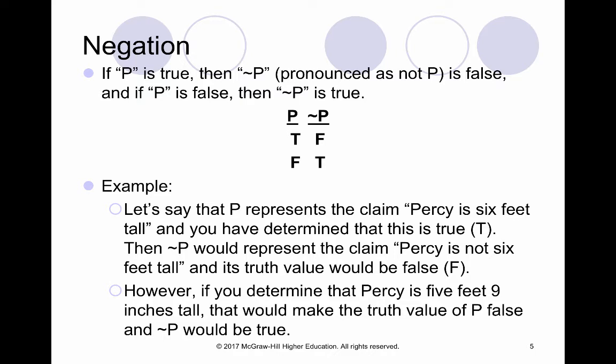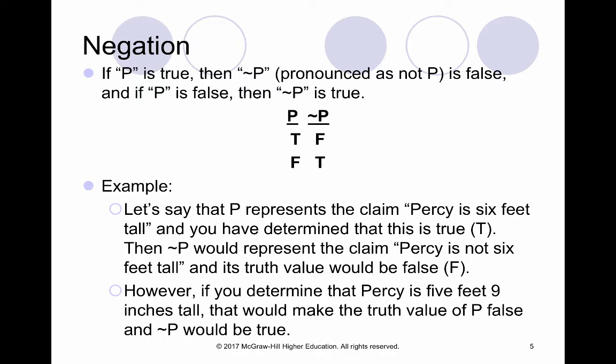You would write P and not P at the header of those 2 columns, and then on the next lines, the potential truth values. So on the first truth values line, you would put T under the P and F under the not P. And on the next line, the next potential truth value is false, which makes not P true.